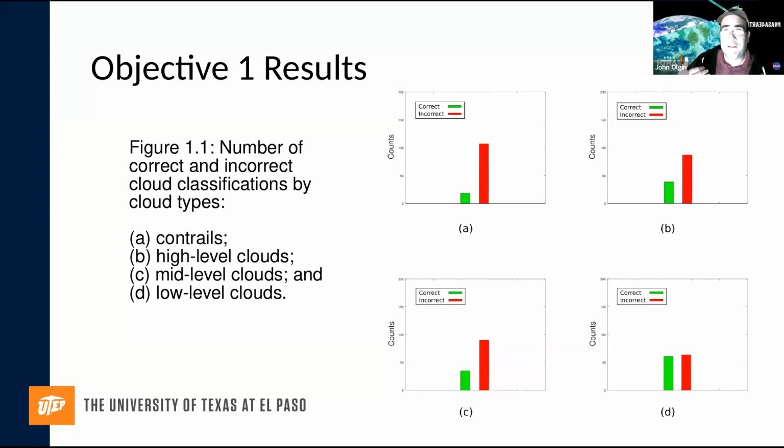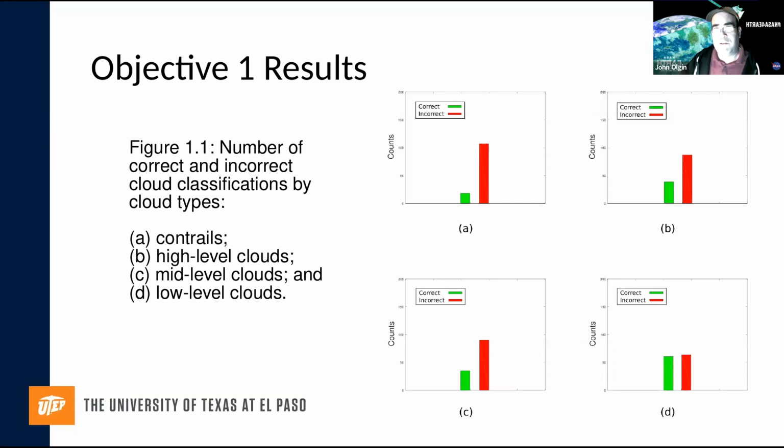And it turns out that the higher the clouds in elevation, the harder it is to identify or classify, as opposed to those that are really close to the ground, those cumulus clouds. Those are a lot easier to classify. There's less error with that.